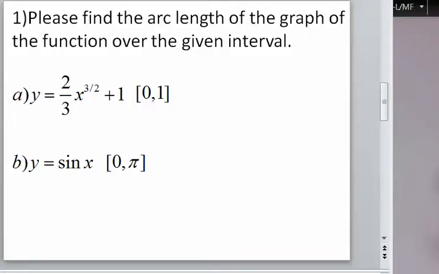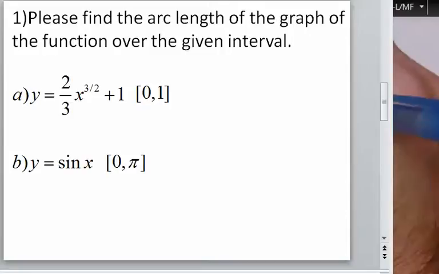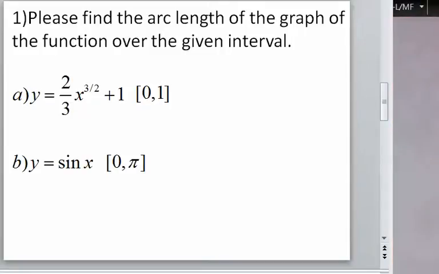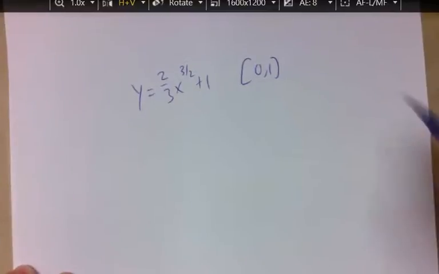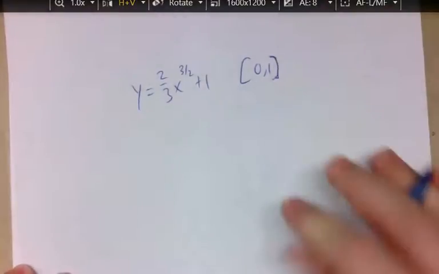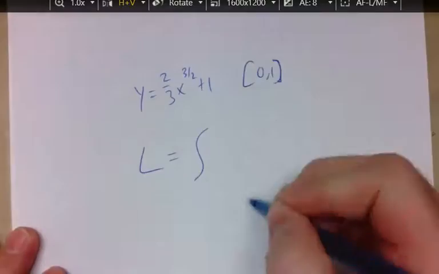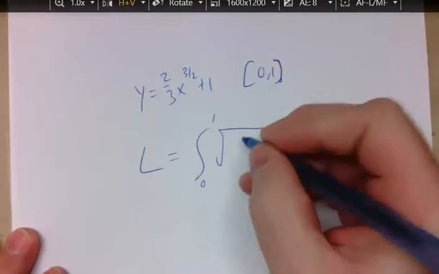All right, so the first one, let's see here. Let me just copy down super quick. We had y equals 2/3 x to the 3/2 plus 1 from 0 to 1. All right, so then the arc length is going to be the integral from 0 to 1, square root, f prime of x squared.